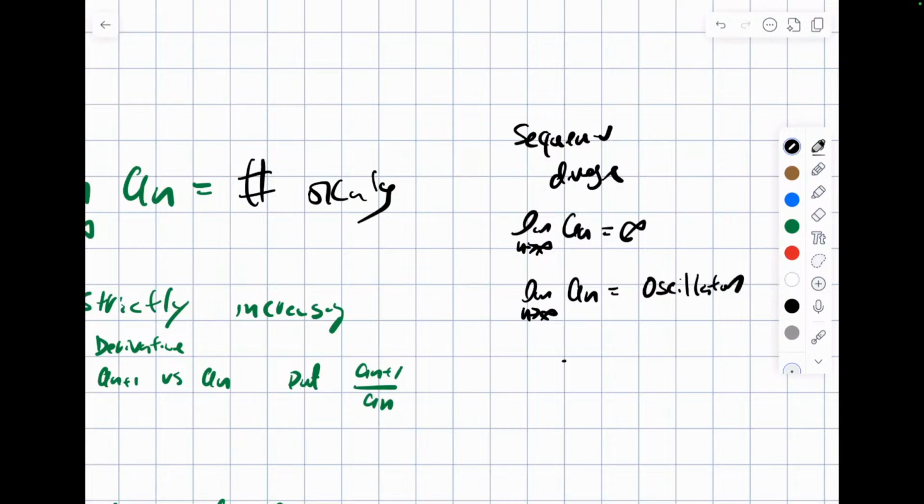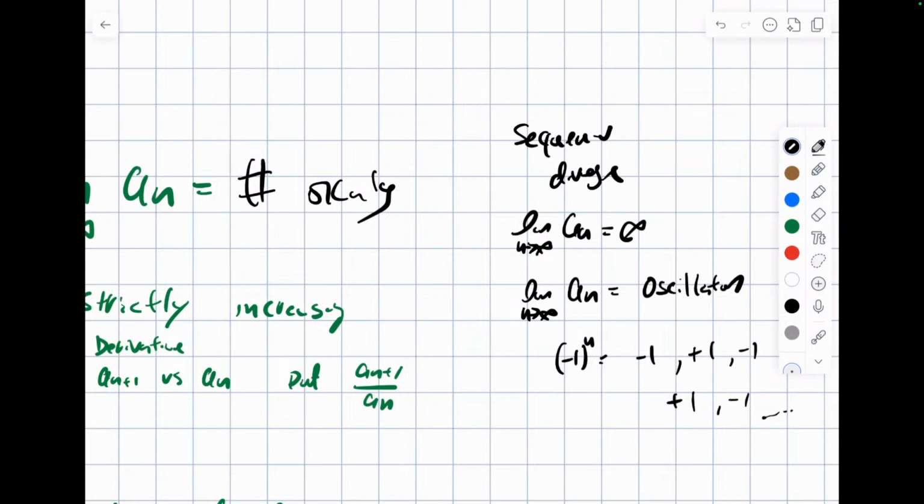For example, (-1)^n gives -1, +1, -1, +1, -1, and so on. When n goes to infinity, it diverges because it's oscillating between -1 and +1.